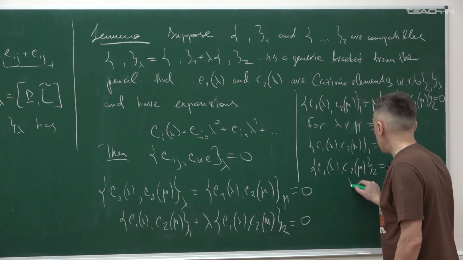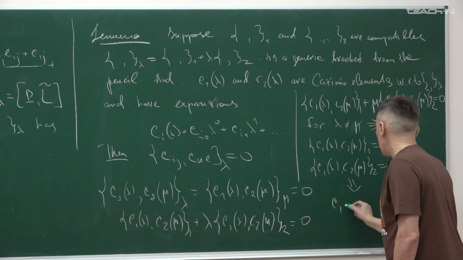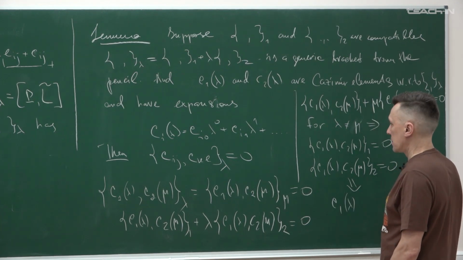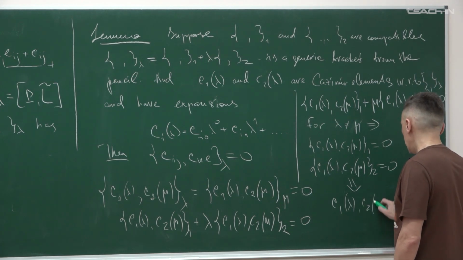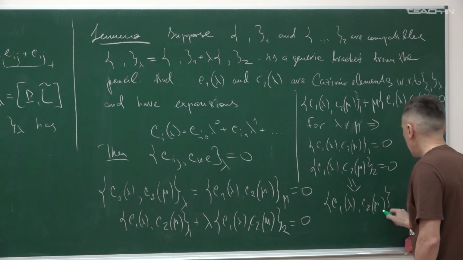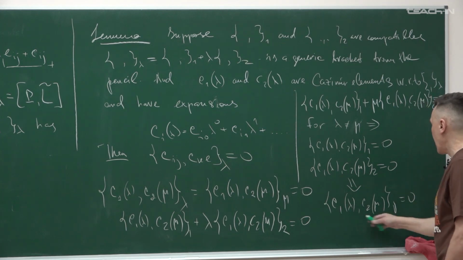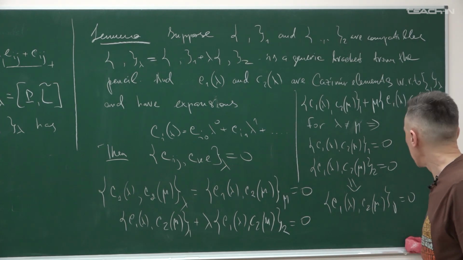Okay, so it means that C1 lambda and C2 mu commute with respect to all brackets in this family.